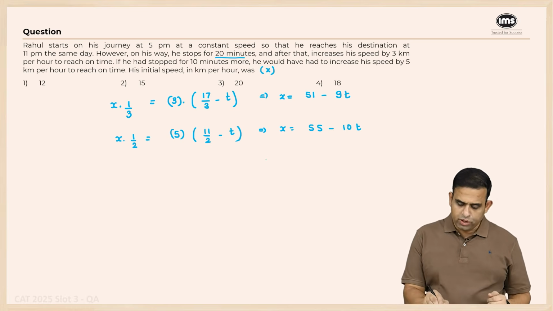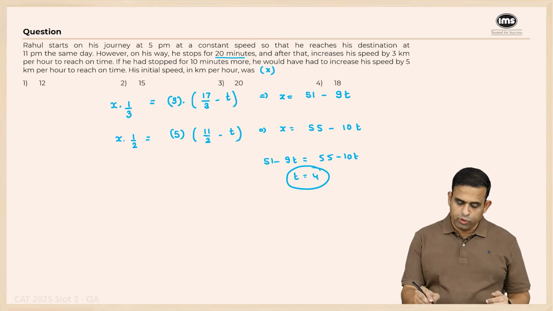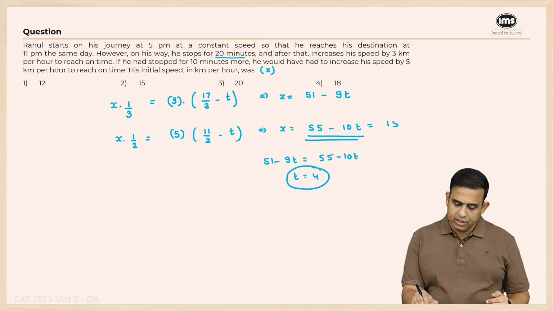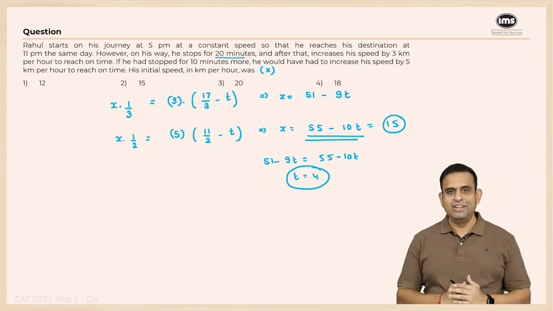Then if I equate both of them, 51 minus 9t is equal to 55 minus 10t. So t will be equal to 4. And if t becomes 4, if you put it anywhere, this part will become 55 minus 40, giving you 15. Hence 15 is the answer for this particular question.